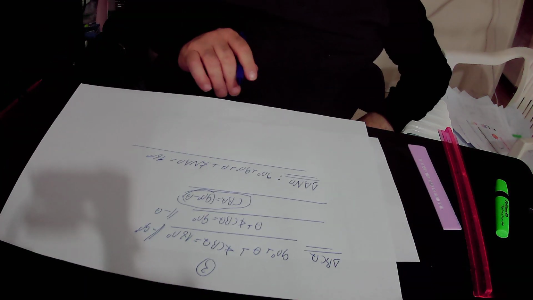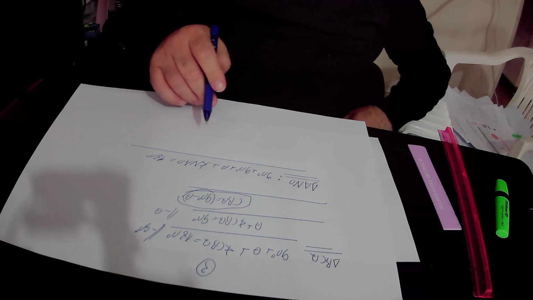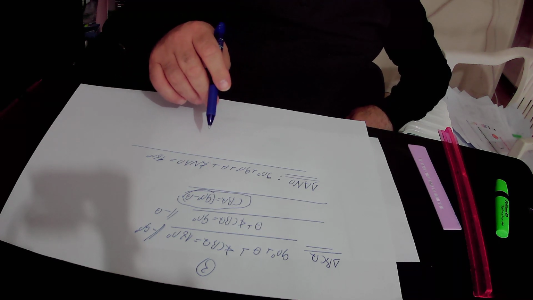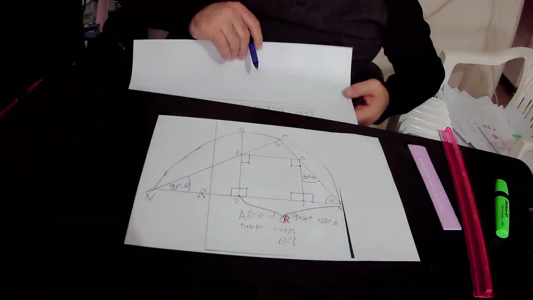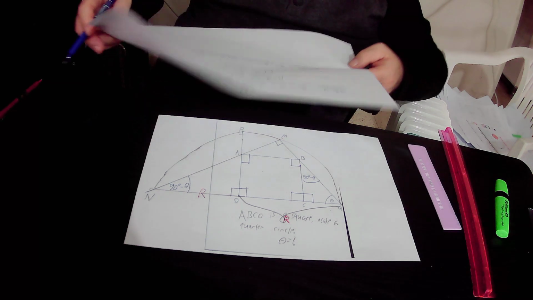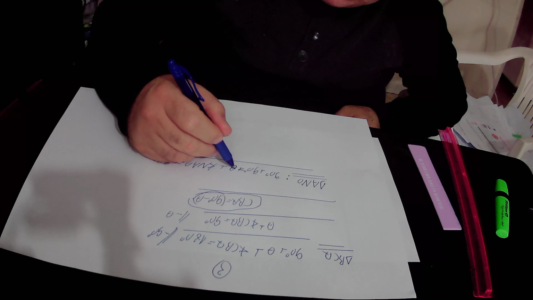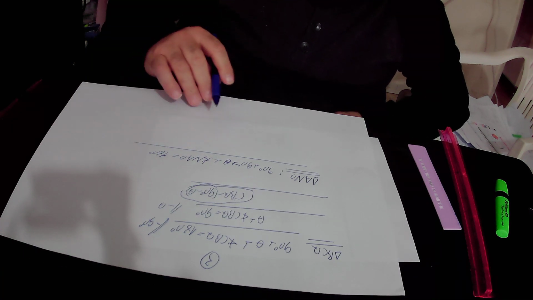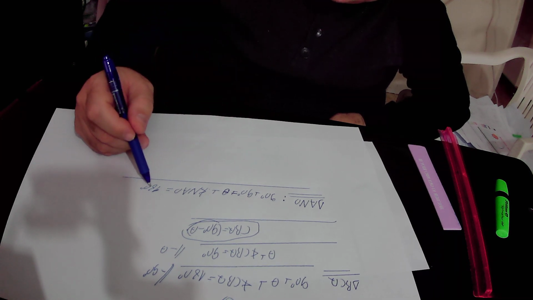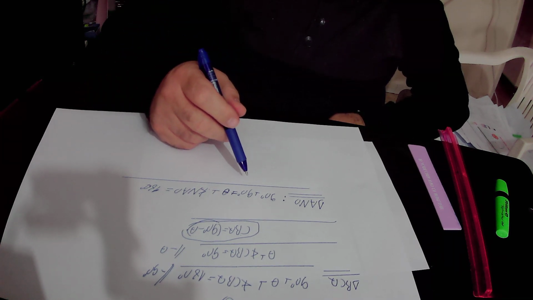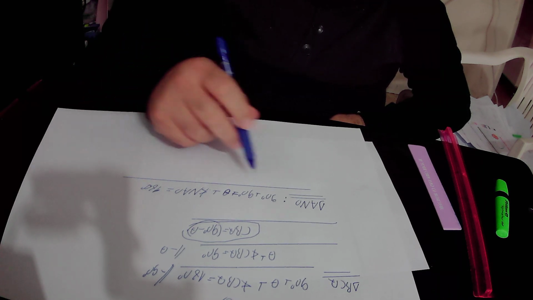I'll repeat again, the sum of the angles in the right triangle, triangle ANO must be equal to 180 degrees. So 90 degrees plus 90 degrees minus theta plus the third angle that is angle NAO. In total, the sum of those three angles must be equal to 180 degrees. 90 degrees plus 90 degrees is 180 degrees, so we have 180 degrees on both sides of this equation.